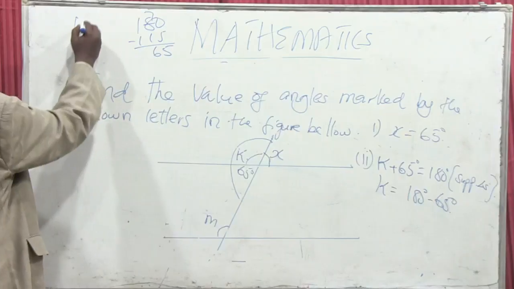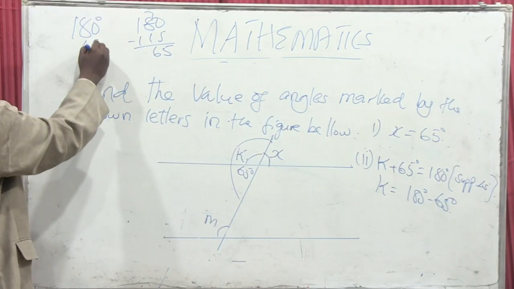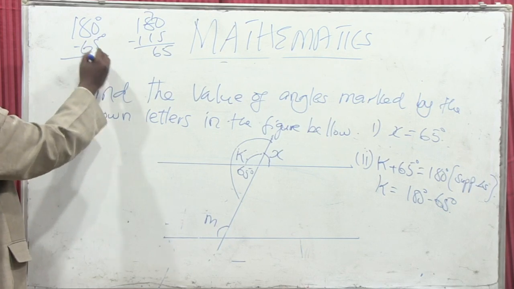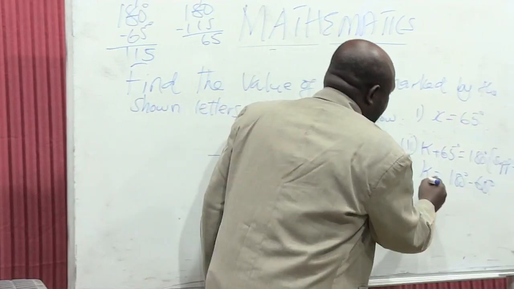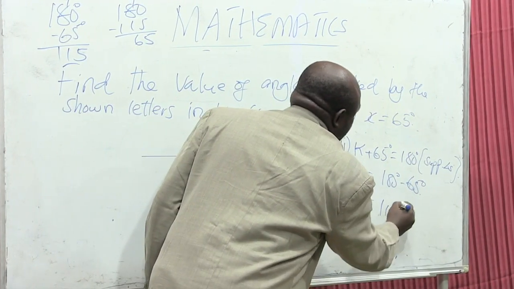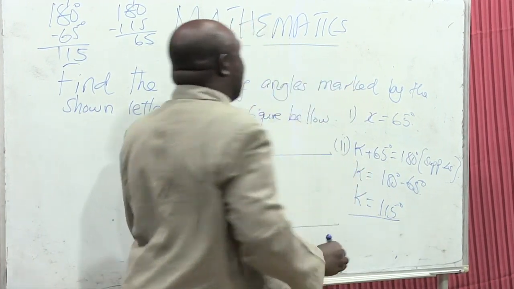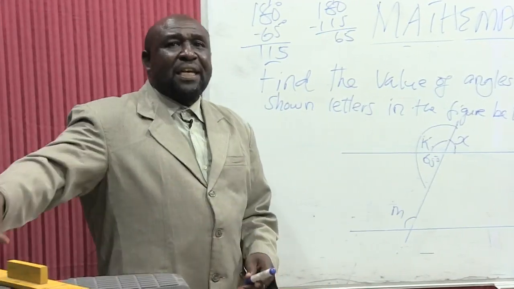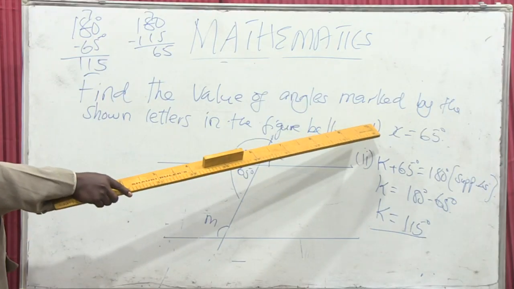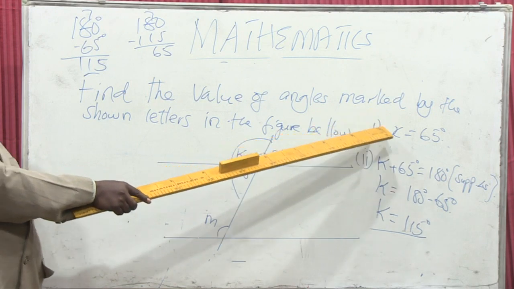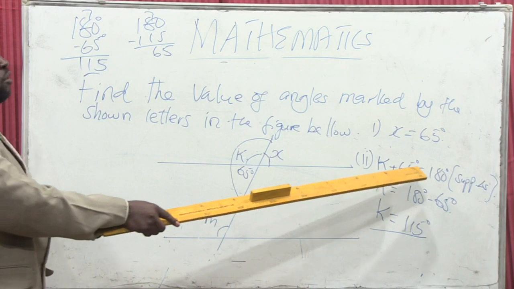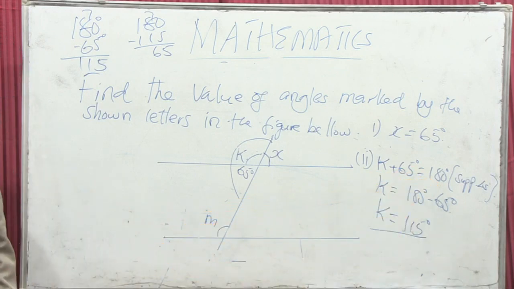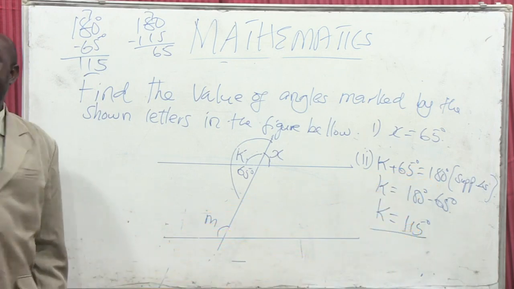So 180 degrees minus 65 degrees is 115. So K is equal to 115 degrees. So you can see how vertically opposite angles help us to get 65, and the supplementary concept helps us to find the value of K.